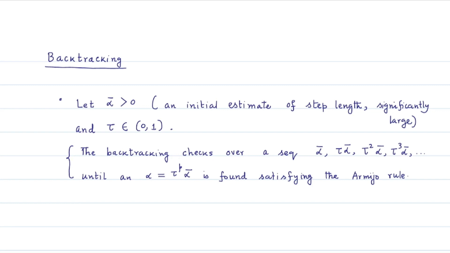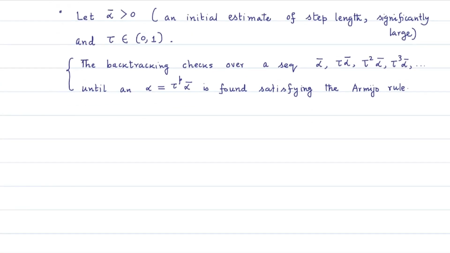In order to accomplish this checking over the sequence alpha bar, tau alpha bar, tau square alpha bar, and so on, we can apply a while loop where you start by initializing the step length alpha to be alpha bar and run a while loop that while phi alpha is bigger than phi 0 plus alpha times C1 phi dash 0, we reduce the alpha value by a tau factor.